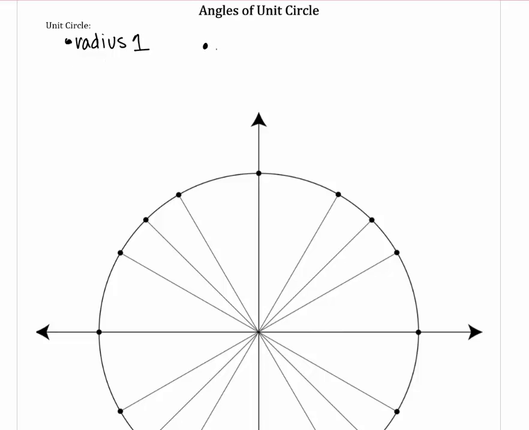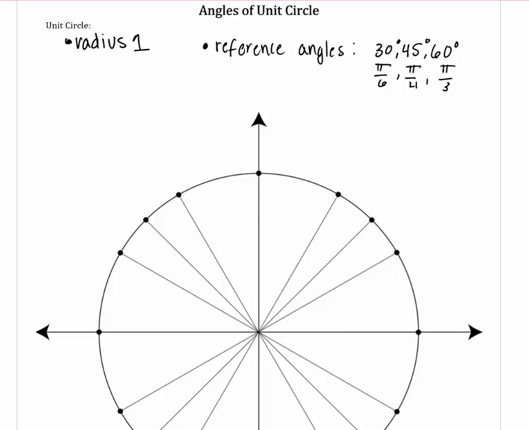And it also has reference angles of 30, 45, and 60 degrees, which is also pi over 6, pi over 4, and pi over 3 radians. So we're focusing on these specific angles around this circle.